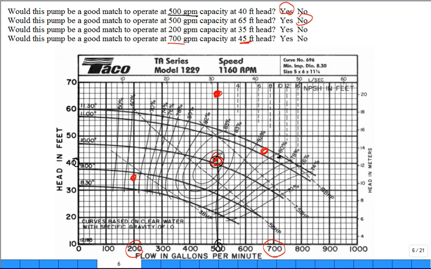It can, but you might want to look at another pump. It's kind of on the edge, okay? This is maybe an okay. This is maybe a not so good okay. This is a definite no, no, no, no, won't work, right? And this is a yes, yes.